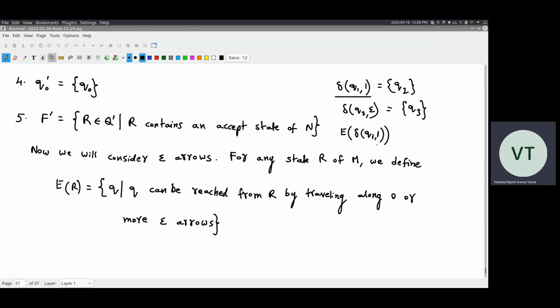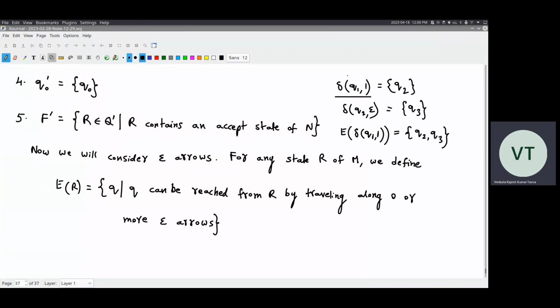So this will include not only q2 but all the other free states that come along with it. So once I reach q2, I can also reach some other states without reading any more input. All those states will come in this output, that is q2 comma q3.